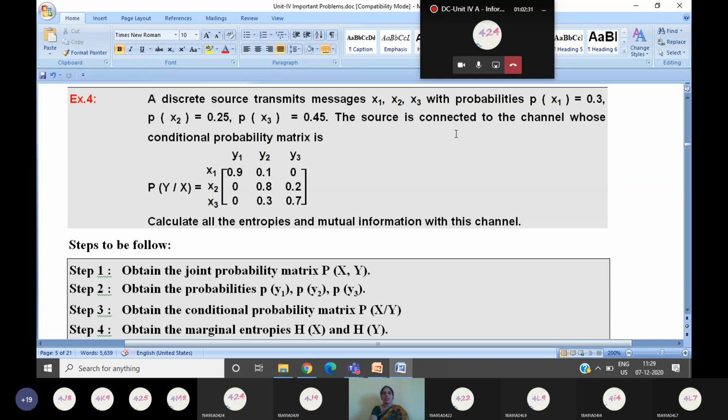Now, can any one of you tell me what is the matrix size of P of capital X? Can anyone say?